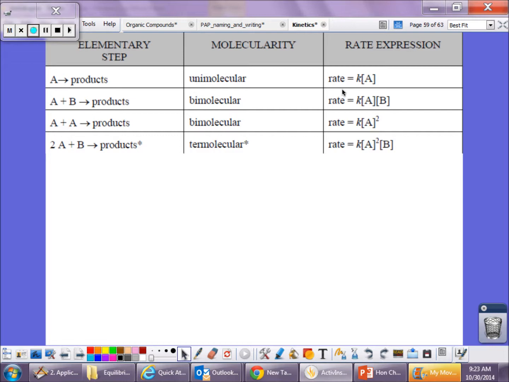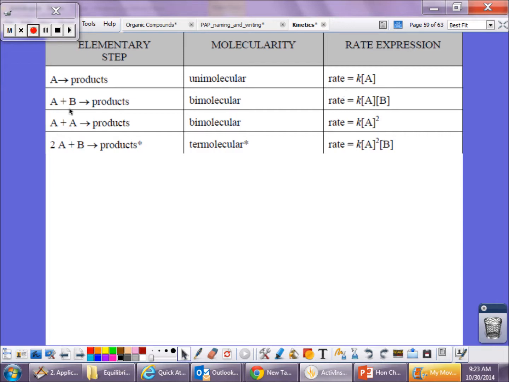But for an elementary step, the coefficients do tell you the order of the reaction. Let me repeat. In a balanced chemical equation, the coefficients are not the order. The orders are determined by experiment. But for an elementary step, yes, the coefficient tells you the order.